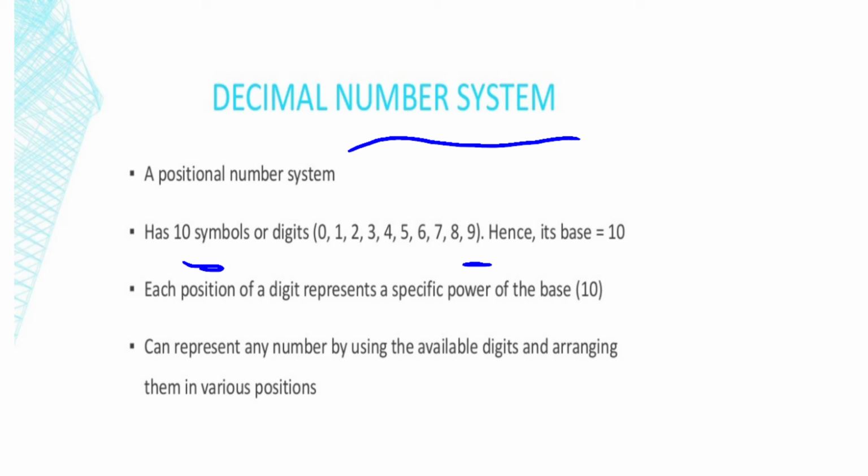If you understand this line very clearly, you will be able to understand the other concepts also very clearly. Decimal supports 10 numbers, that is why the base is 10. And how many maximum numbers will it support? It will be 1 less than the base value. So it is 0 to 9. As it was specified, each position of the digit represents a specific power of the base 10, and you can represent any number by using the available digits and arranging them in various positions.